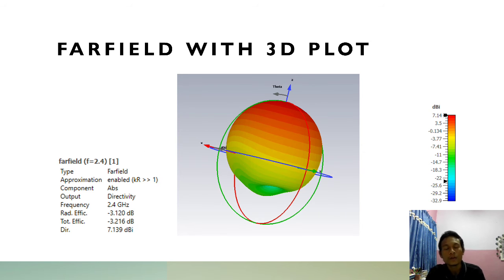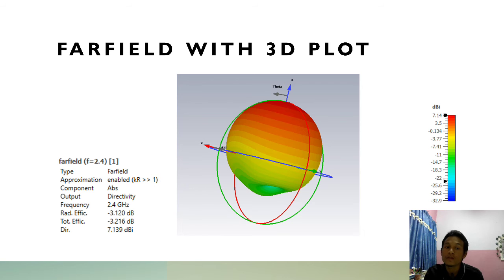Now we are looking at the 3-dimension plot far field simulation result. The result shows the globe in 3 dimensions. The description of the result is the same as the 2-dimension plot, whose output is directivity.